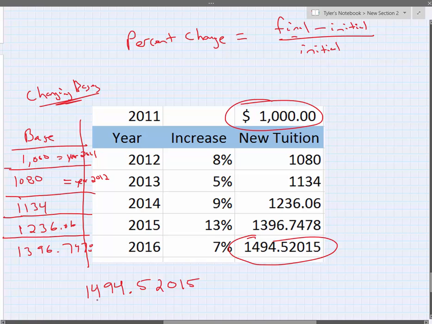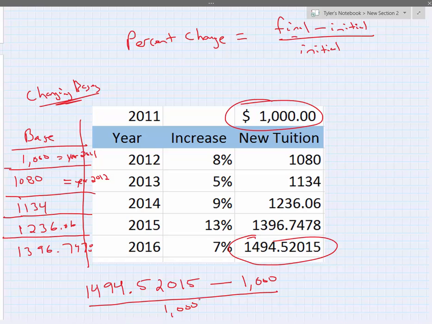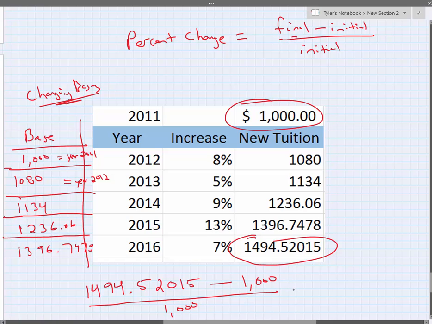So if I take the 1,494.5205, that's my final. My initial would be the 1,000, that's what I started out with, and then divided by my initial value, which was 1,000. And again, I just made up this 1,000 number just for ease. You could pick any number you wanted, and you would still get the same percent increase in the end, as long as you make these calculations right.